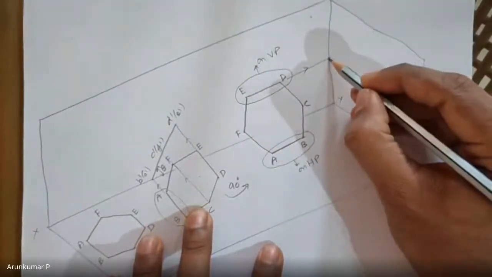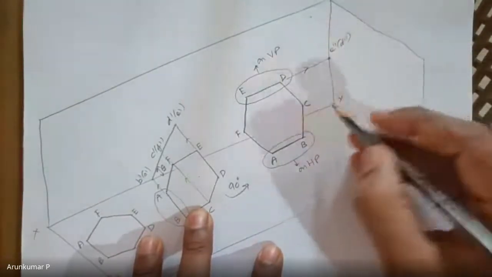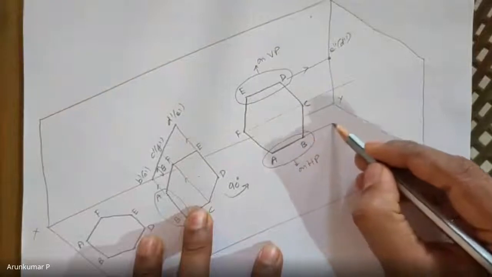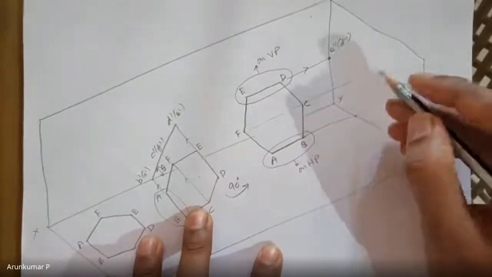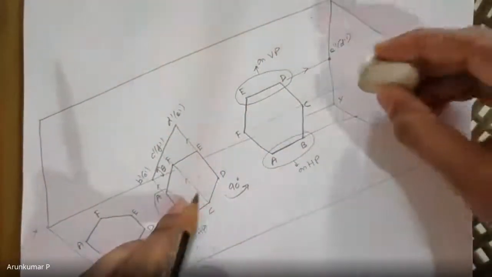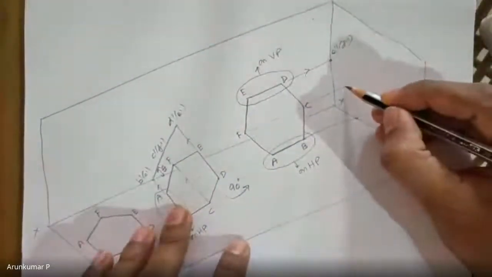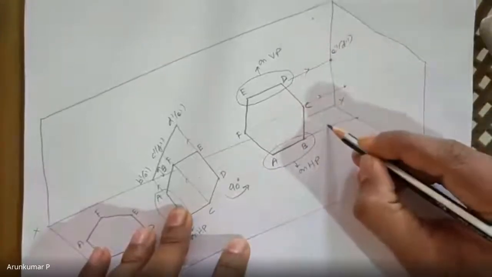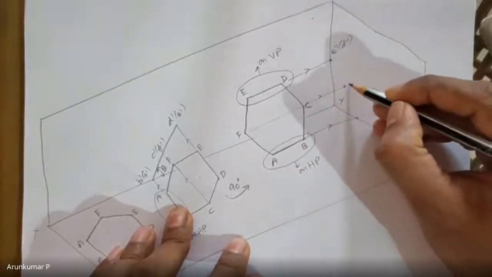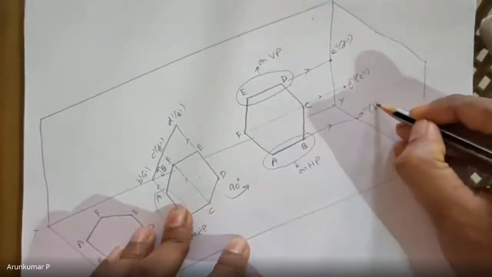So this point would be what? E double dash, D double dash, looking from the left, and of course this point and this point here. So three projections, and F double dash, C double dash, A double dash, B double dash.